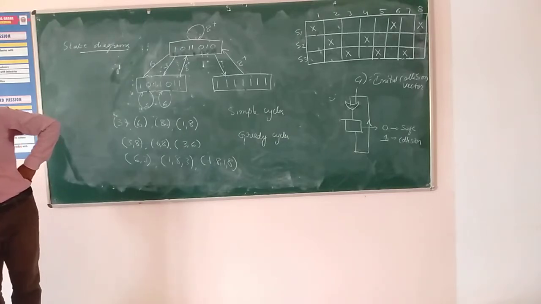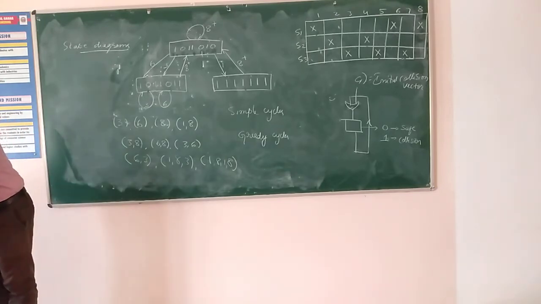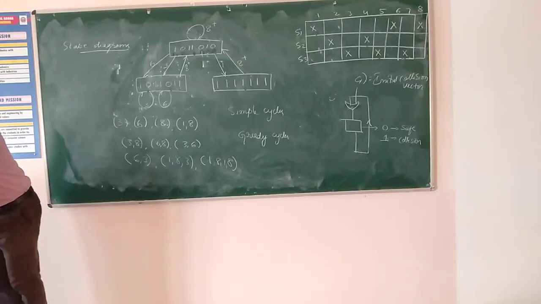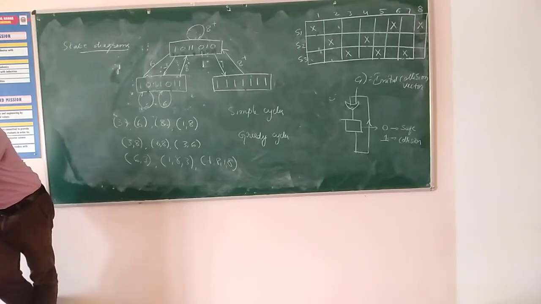A greedy cycle is one whose edges are made with minimum latencies from their respective starting states.